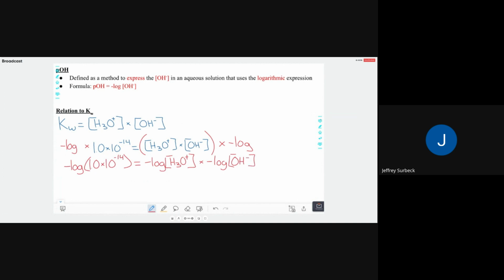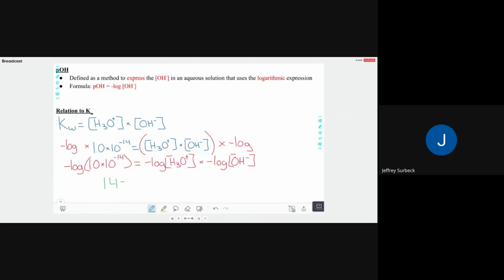Now, can somebody take negative log of 1 times 10 to the negative 14th and tell me what they get? 14. Yeah, there we go. Let's write this in green because this is going to be a good formula. 14 is negative log times 1 times 10 to the negative 14th.